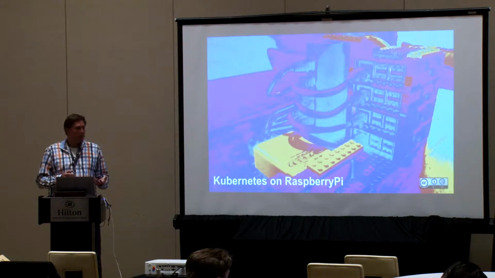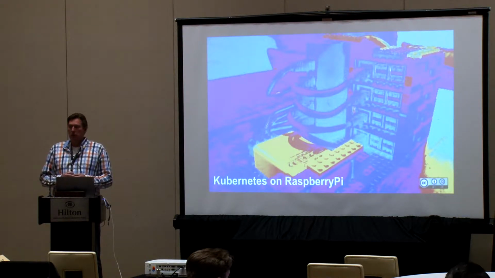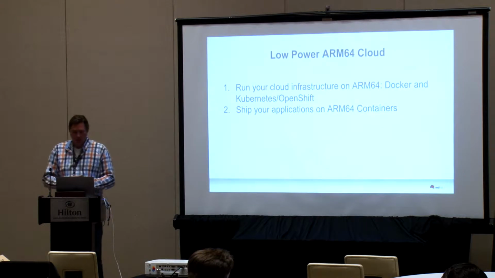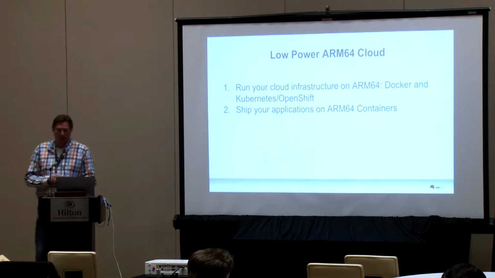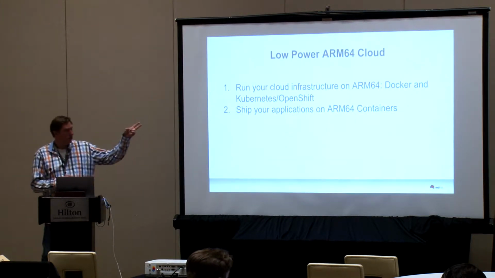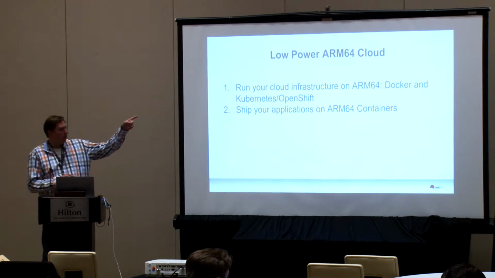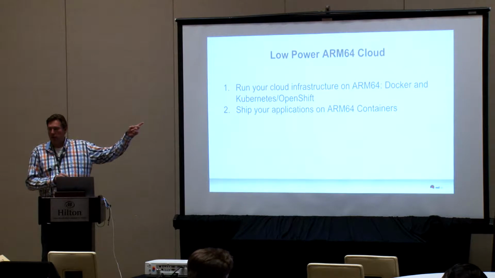What if we could really build real cloud instances using ARM64 architecture? So I started looking into what that means. Well, obviously there are 2 points, right? First, you need to run all your infrastructure, your Docker and your Kubernetes, on ARM64. So you need to have the binaries for those two pieces.